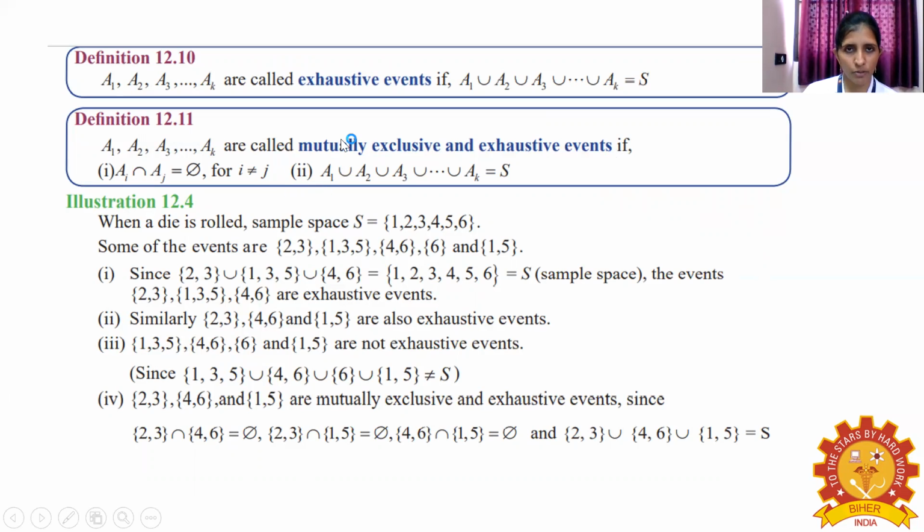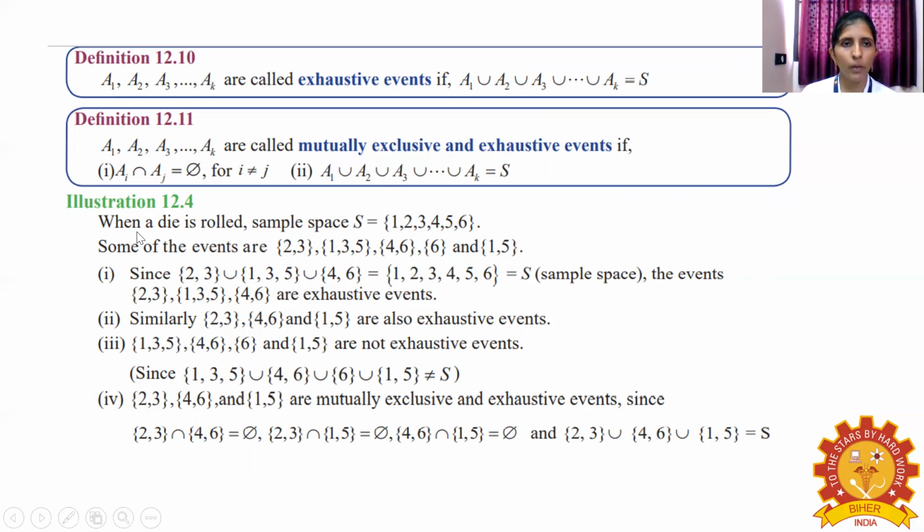This is so if we have these two conditions, that is Ai intersection Aj must be equal to phi, and A1 union A2 union A3 union up to AK is equal to S. When these conditions are satisfied, then we call these events mutually exclusive and exhaustive events.